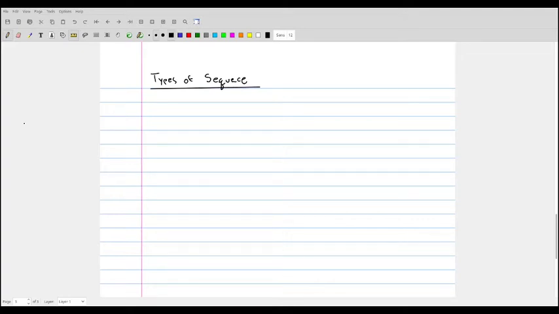So we have two main types, or I should say ways of writing a sequence. Because a lot of times you can write a sequence in multiple different ways.